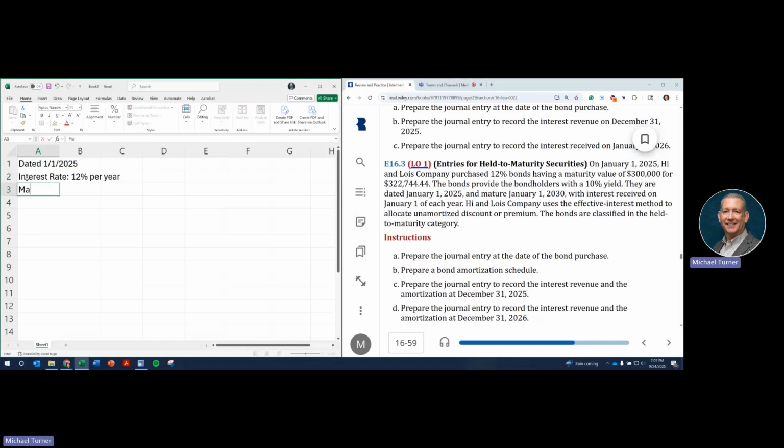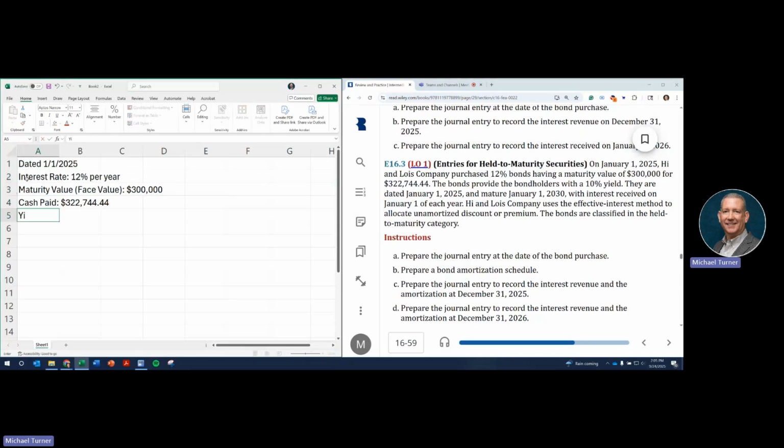The maturity value, which is also the face value, is $300,000, and cash paid for us to acquire these bonds, so we paid $322,744.44.